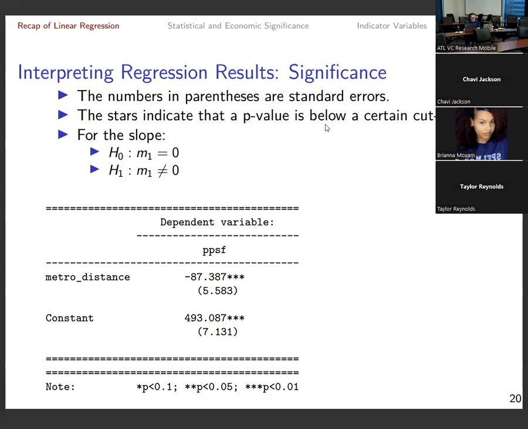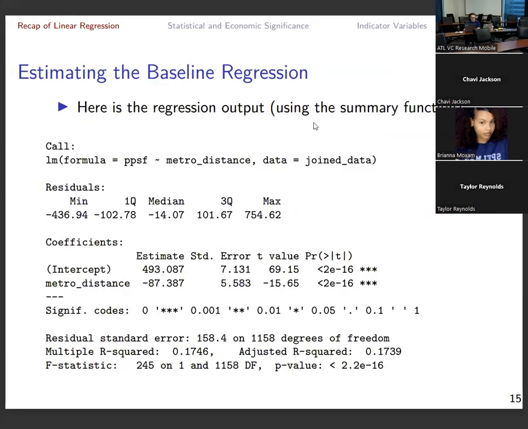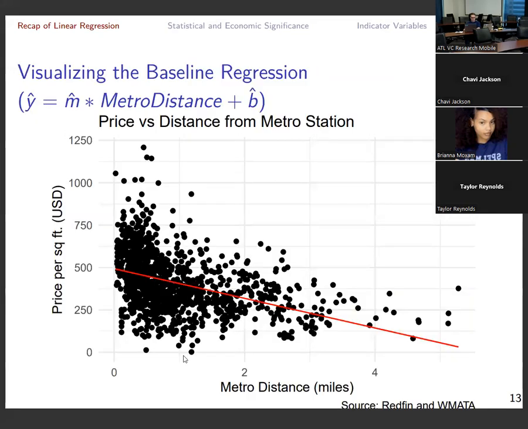So if I split up my data and looked at those properties that are 4 or more miles away, as opposed to those properties that are within 2 miles, which one is going to have a more precise standard error on the coefficient? Those that are over 4 miles away or those within 2 miles? Which one's going to have a more precise estimate of the coefficient?